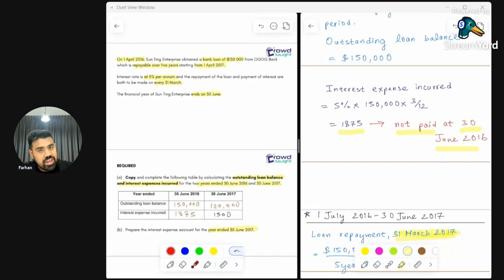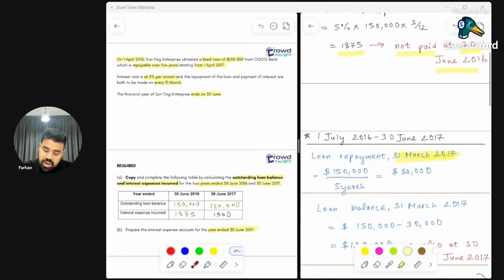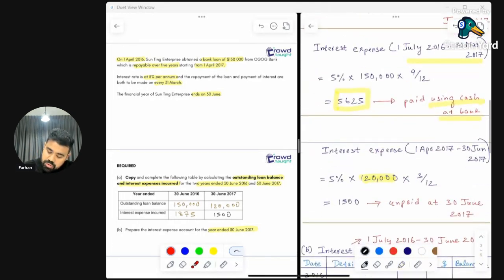$5,625 plus $1,875. So again, let me just do a quick recap. So the total amount we're paying altogether is $5,625 plus $1,875. This $5,625 is for the 9 months from 1 July 2016 until 31 March 2017. This $1,875 is for the 3 months from April 2016 until end of June 2016.